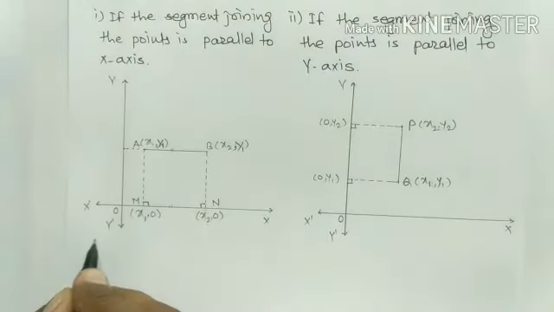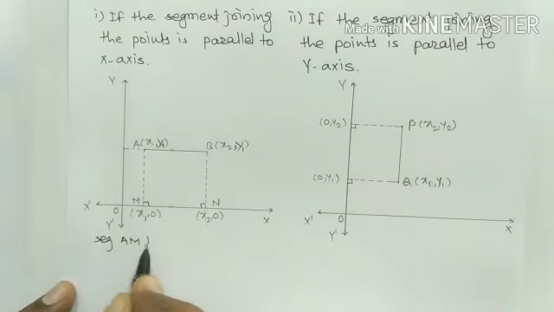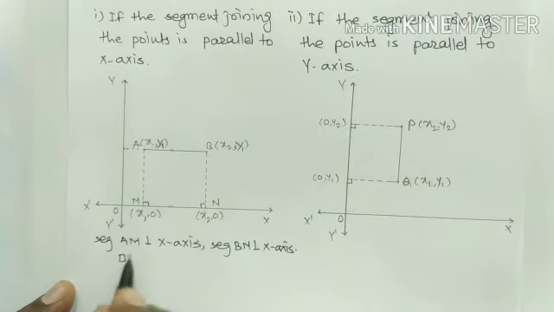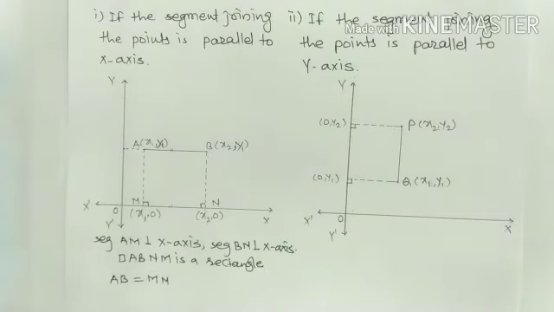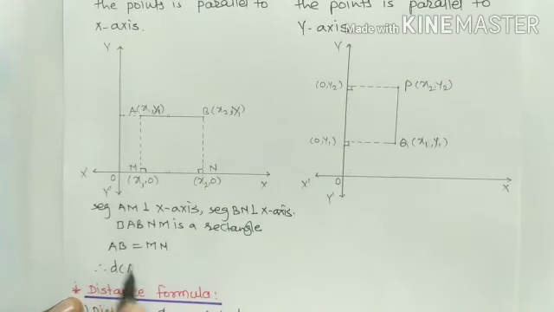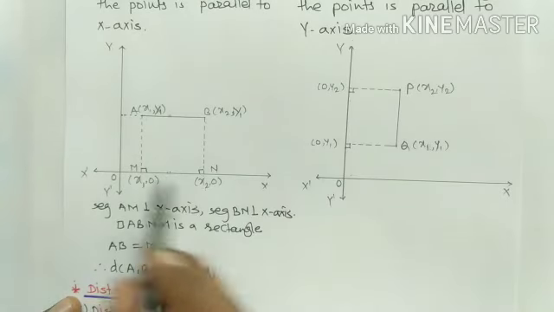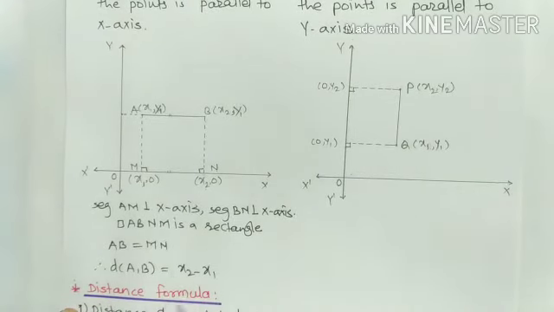See here, first we draw seg AM perpendicular to the x-axis and seg BN perpendicular to the x-axis, and this quadrilateral ABNM is a rectangle, and therefore AB equals MN, and therefore distance AB equals x2 minus x1, because distance MN equals x2 minus x1.